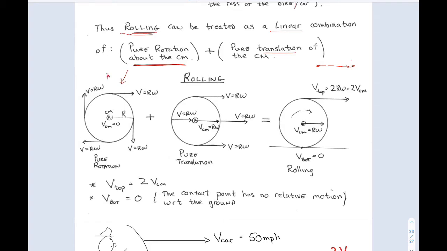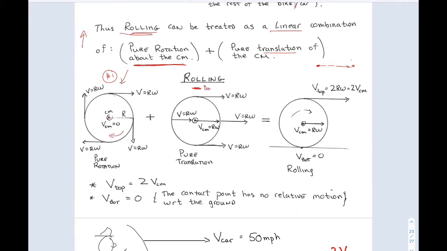So here's what the wheel is doing. This was motion number one, on top: it's purely rotating about the center of mass. That was the first picture we had way up there. The center of mass isn't moving. So here's the wheel you're holding in your hand, rotating about that point. But the wheel is also doing what the door handle is doing.